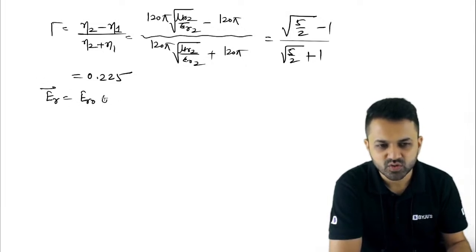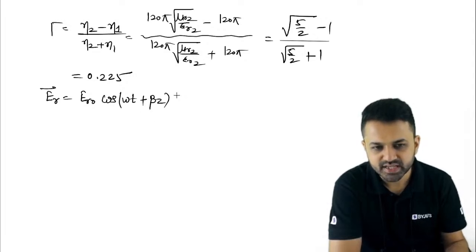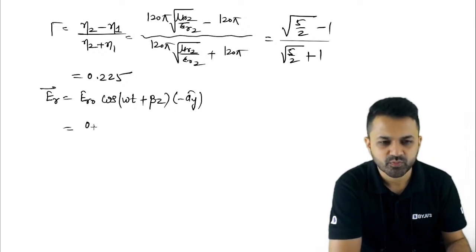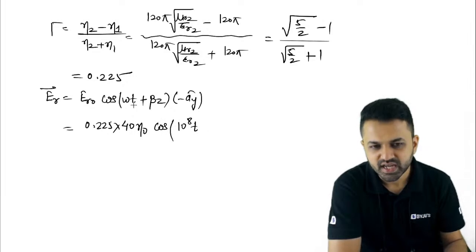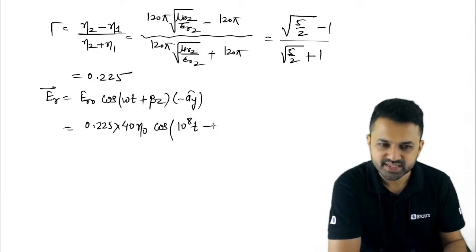Okay, 0.225. So now the reflected electric field will be in this way. Electric field peak value cos of omega t plus beta z, and the direction will remain same, minus AY. So this is 0.225 into incident wave. Incident wave is 40 eta naught. Cos of omega is 10 to the power 8 t, and beta is for the reflected medium.